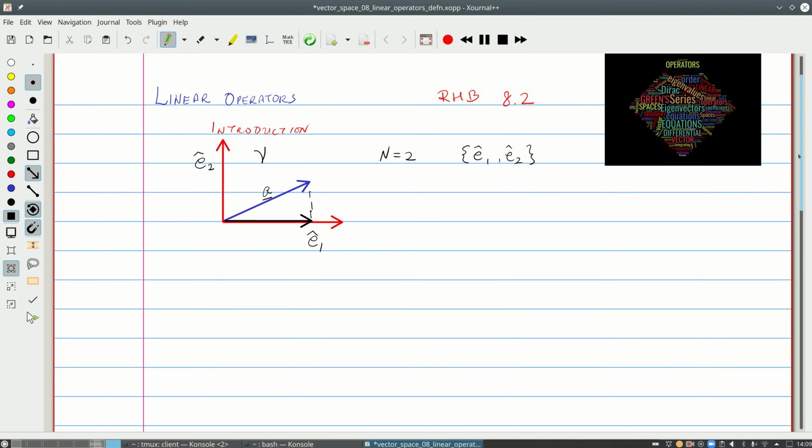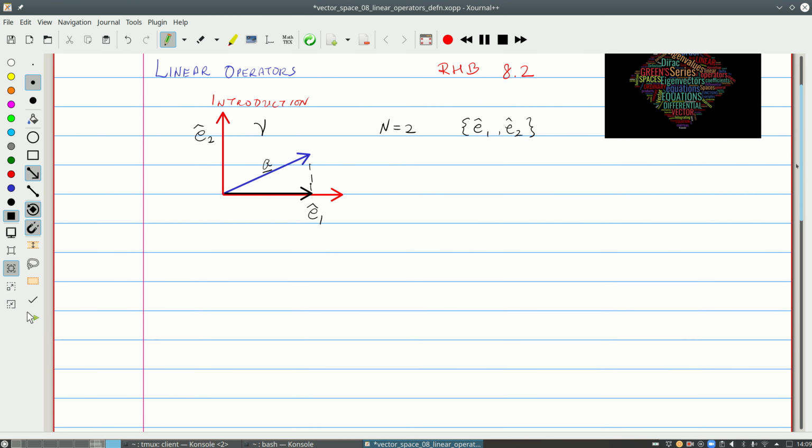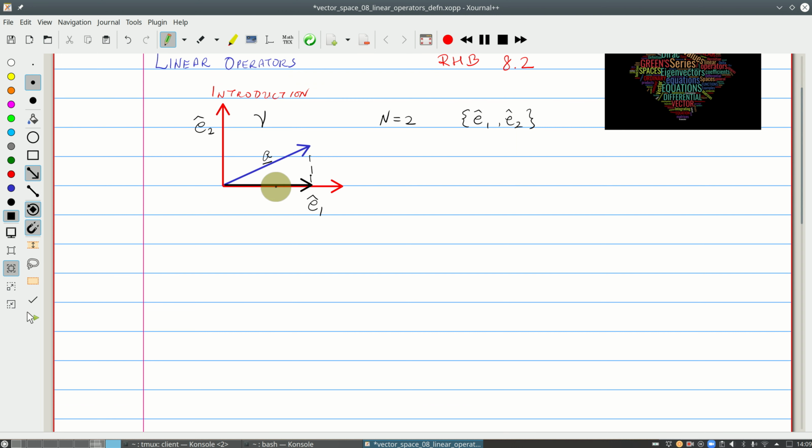So what is a linear operation and a linear operator, and why, in fact, why is it even called a linear operator? So let's put some definitions down. And now I am going to be using the definition from Riley, Hobson and Bence, so let's write it down here. So a linear operator A, and I'll use a script with a hat.